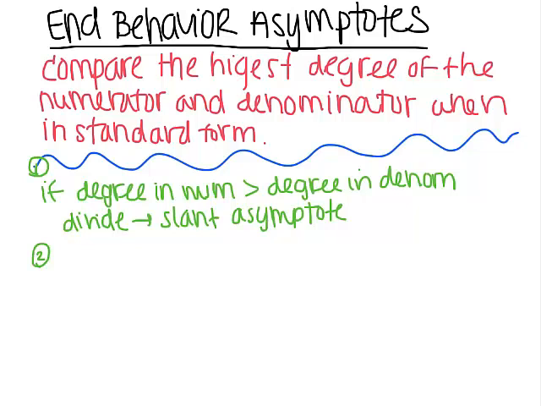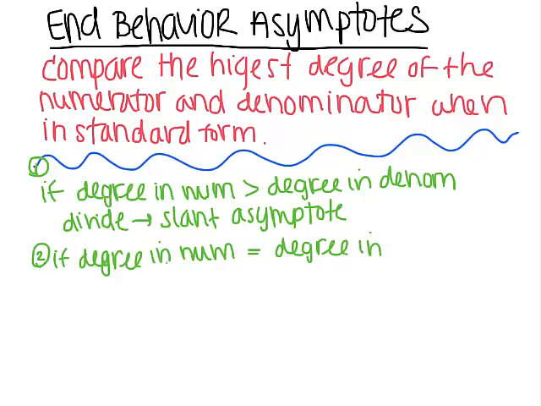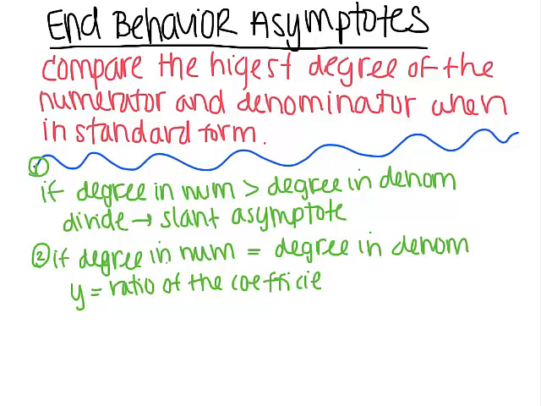Rule number two, if the degree in the numerator equals the degree in the denominator, the end behavior asymptote is y equals the ratio of the coefficients of the leading terms.